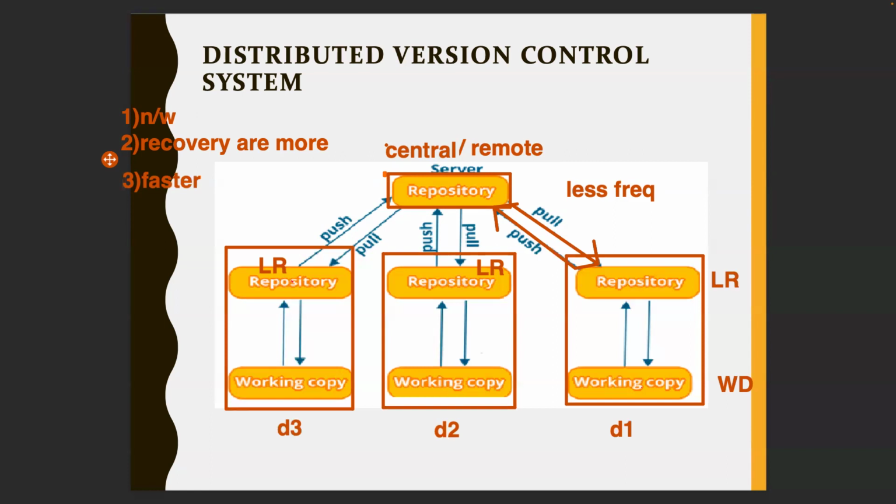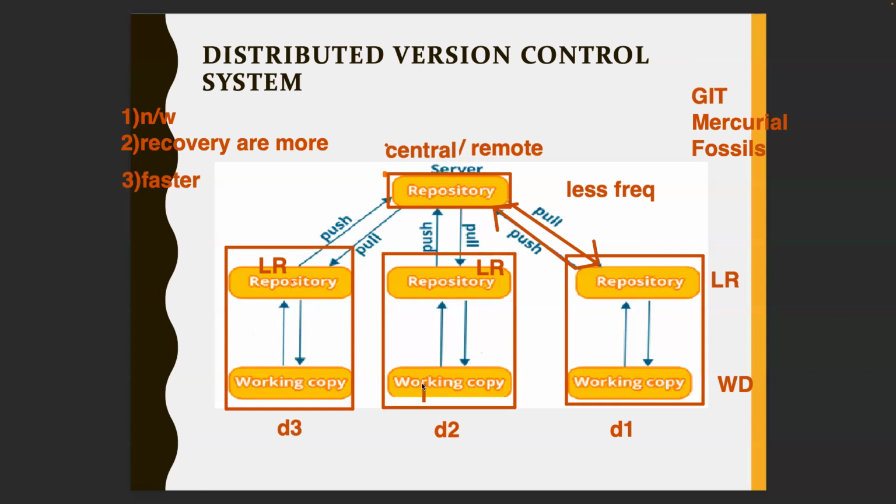This kind of architecture is quite fast. And yes, Git follows this distributed architecture. Git, Mercurial, Fossil follow this distributed architecture. And Git is very widely used in all modern DevOps tools and projects.